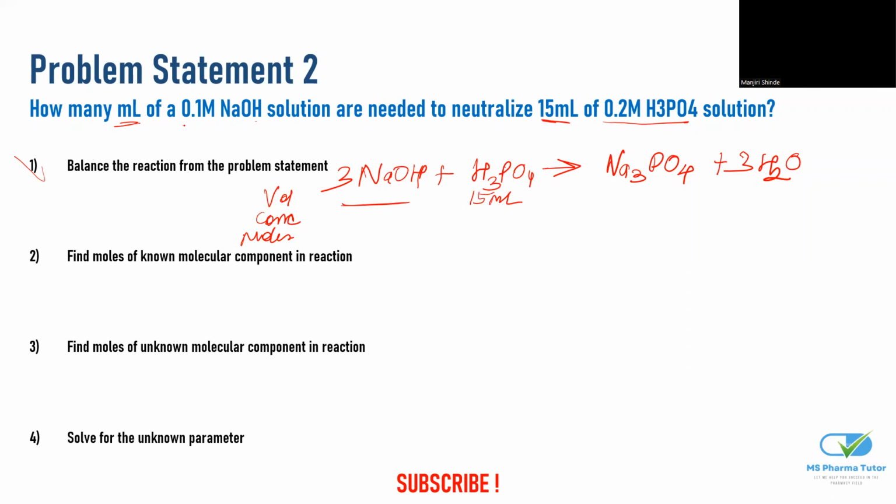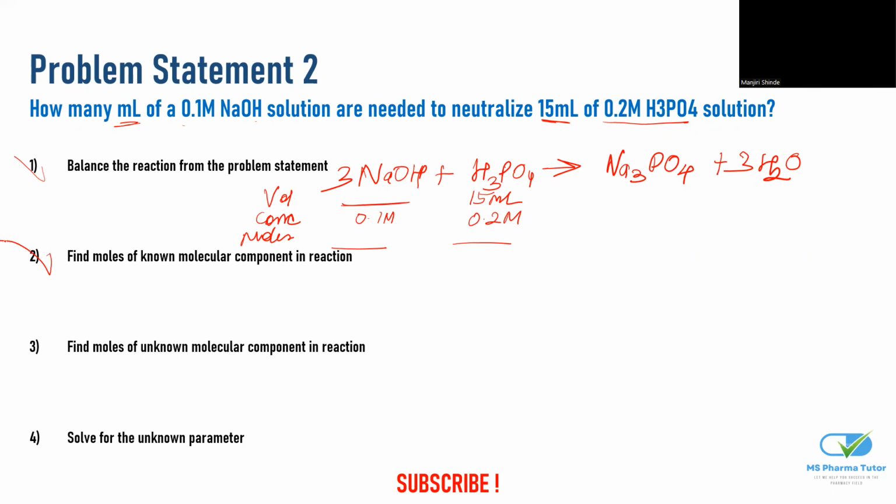Concentration of NaOH is 0.1 molar as given, and concentration of H3PO4 is 0.2 molar, and we need to find moles.